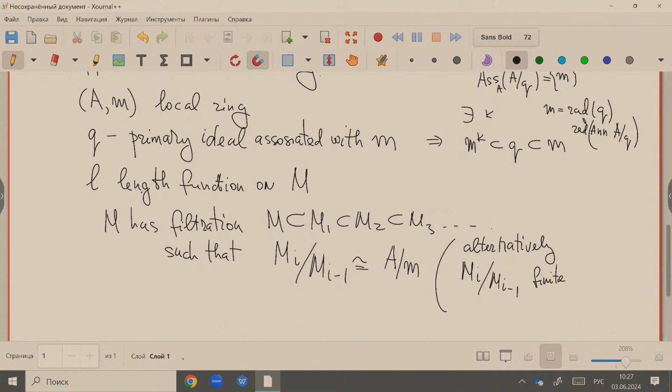Notice that A mod M is a one-dimensional vector space since it is a field, so this is a finite dimensional vector space over A mod M. And this is of course more or less equivalent. Why?